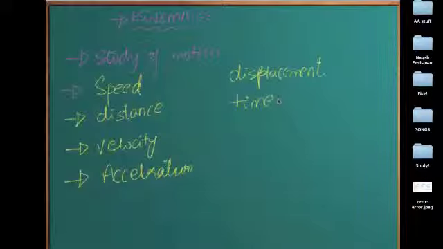So there are 6 quantities that we will use very frequently in these lectures, and you should have a very proper grip on all of these.